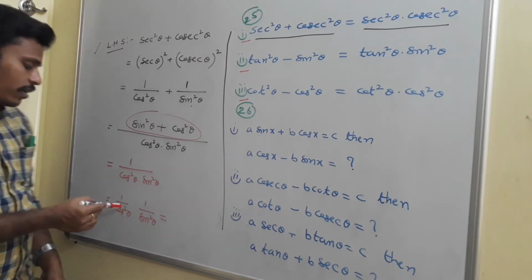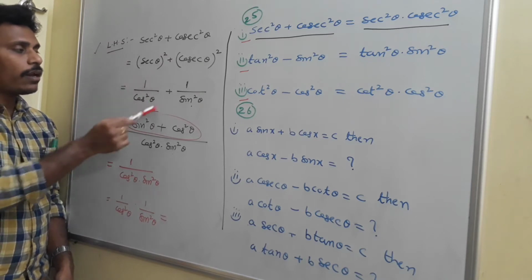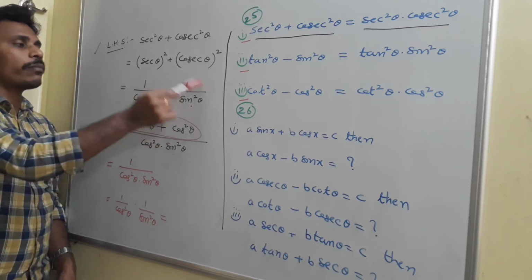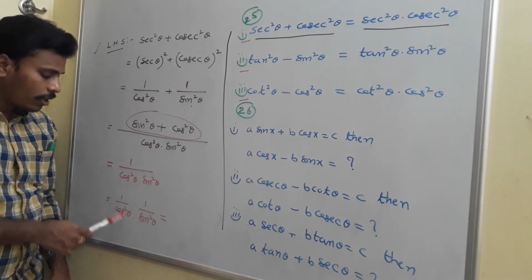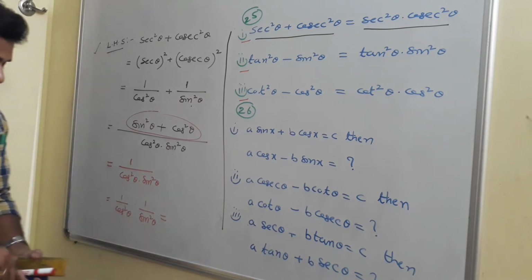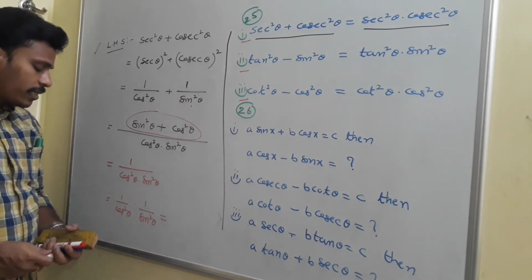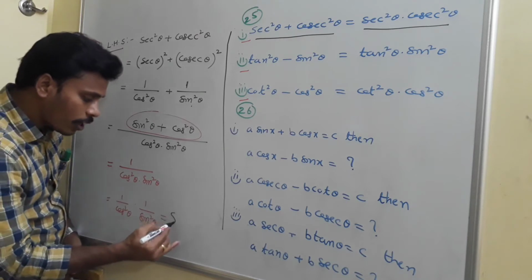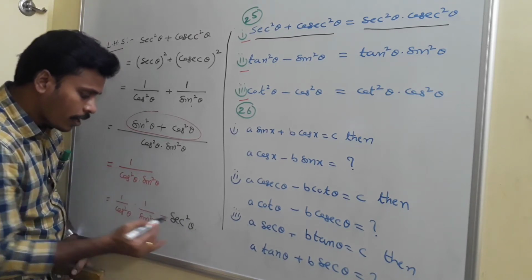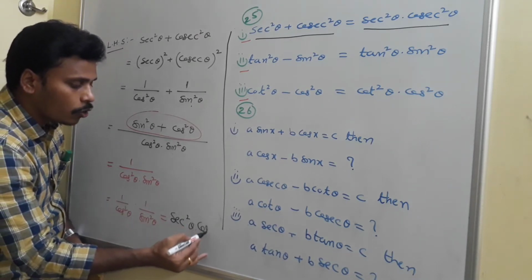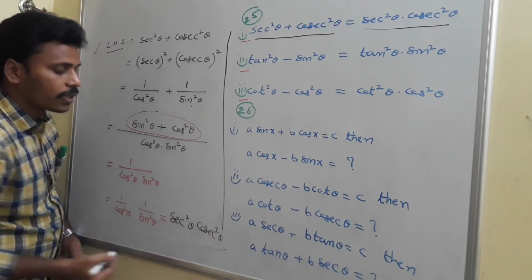Then at the end, look here: 1 by cos square theta into 1 by sin square theta. That returns that 1 by cos square theta is what? Secant square theta, and 1 by sin square theta is what? Cosecant square theta, and that's our right hand side.